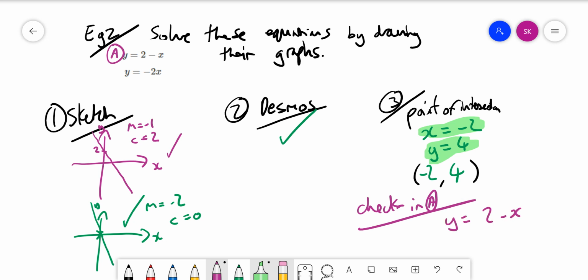So instead of y, I'm writing 4 because of this. Instead of x, I'm writing negative 2 because of that. 4 equals 4. Bingo. Looks right. And then I could check it in B as well, just to double confirm. So pause the video and make any notes that you need to, and press play when you're ready to keep watching.